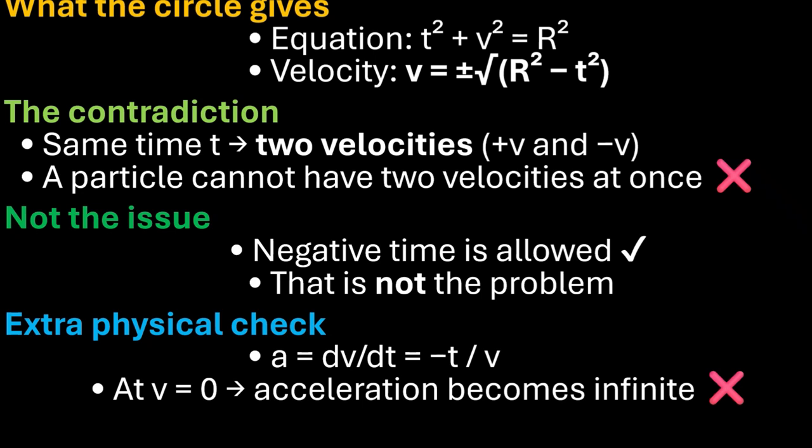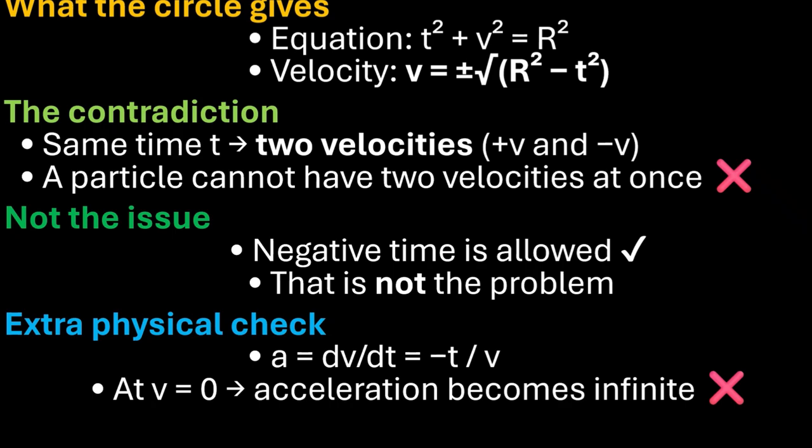So just a quick summary. t square plus v square is r square is the equation of the circle that is given to us, which gives us two possible values of velocity. And two possible velocities at the same instant of time makes it impossible. Negative time being allowed doesn't mean time is negative in its absolute sense, but that when we say t is equal to 0, the actual observation started at t is equal to 0, and there is actual motion happening even before that.